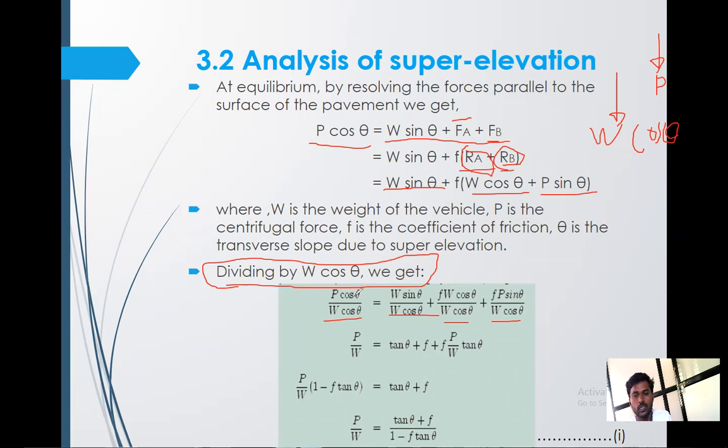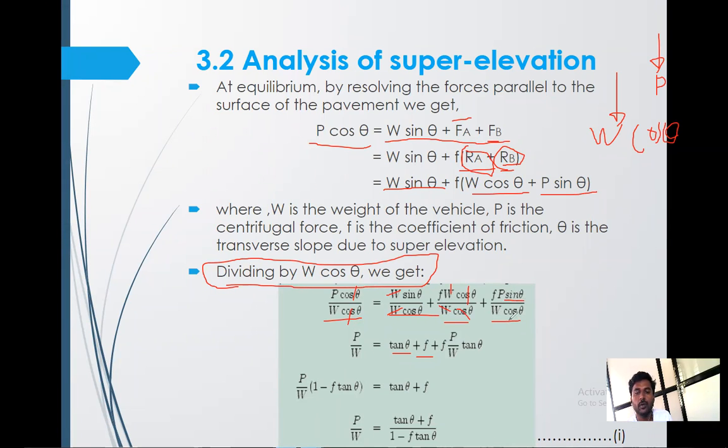So here cos theta will get cancelled and it will become only P by W. Then W gets cancelled here, and sin theta divided by cos theta is equal to tan theta. Here W and cos theta get cancelled, so only F is left.